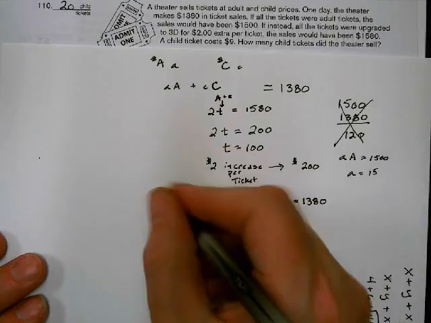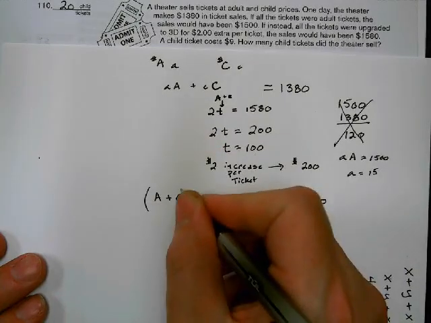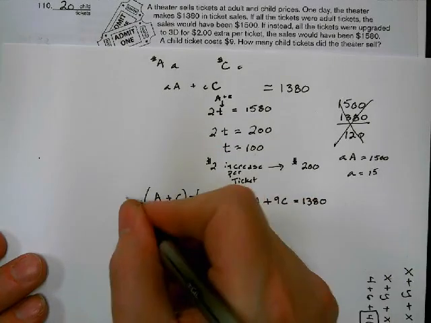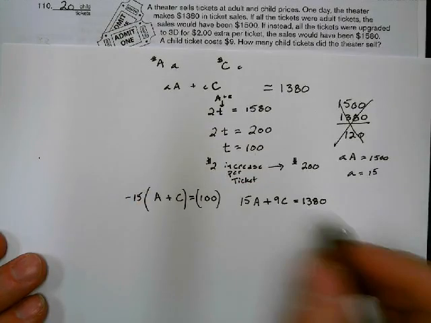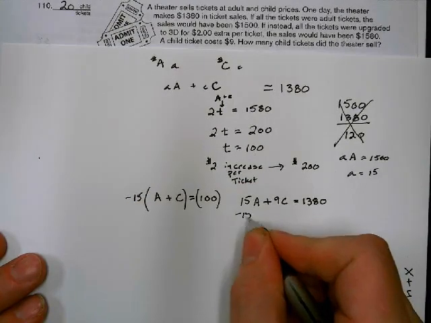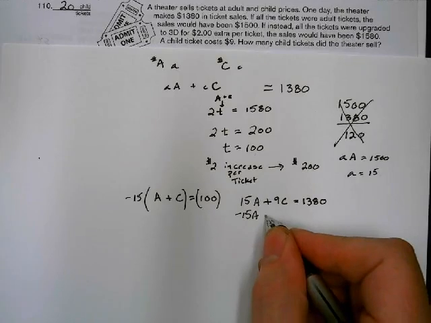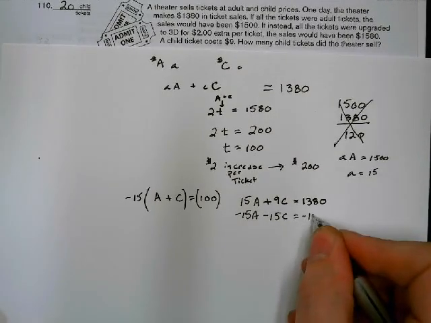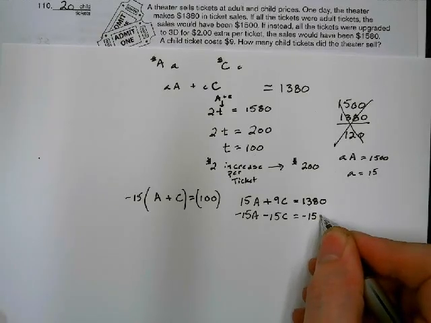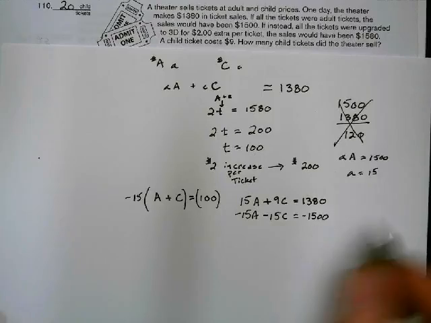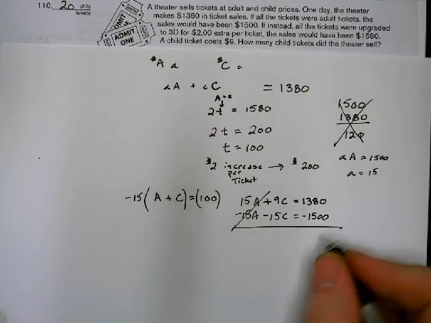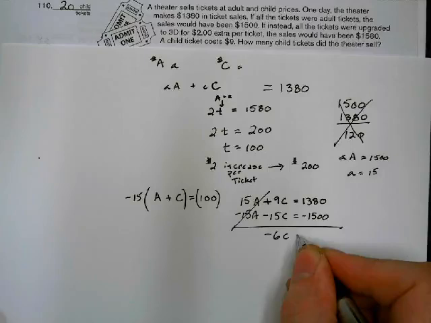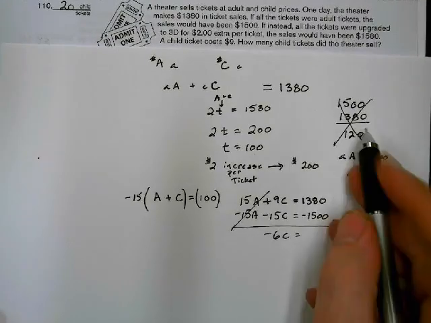That leaves me with -15a minus 15c equals -1,500. A's cancel. -6c equals, oh, that's the number, -120 divided by -6. c is equal to 20.